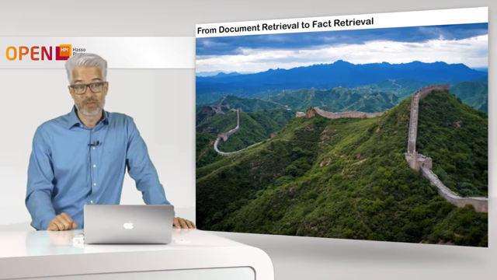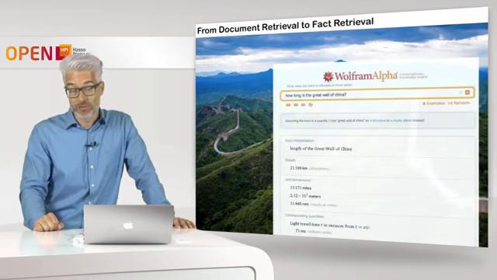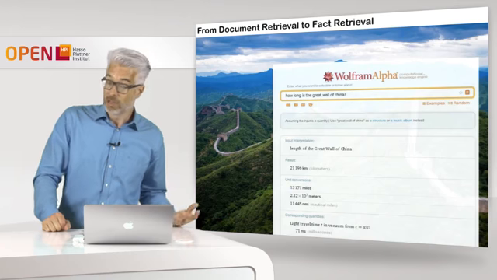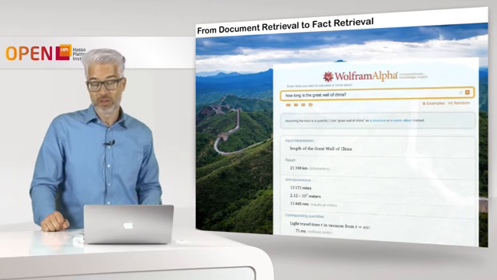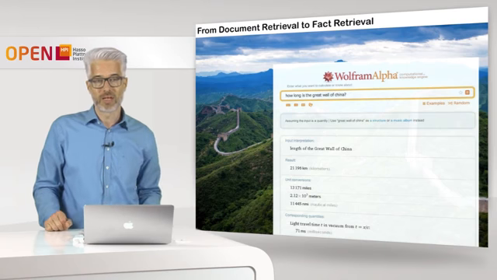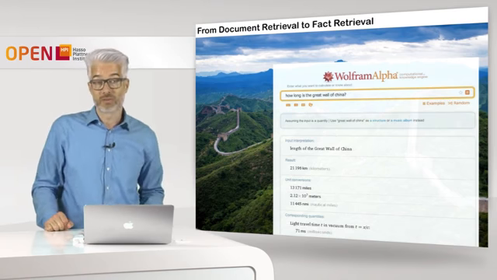There are already search engines that are able to answer questions like this. One example of them is Wolfram Alpha. Maybe you have heard of Wolfram Alpha. And here you can ask questions, and if you are lucky and the knowledge that is required to solve this question is already present in Wolfram Alpha, and the question is not too difficult, of course, then you will get the perfect result.